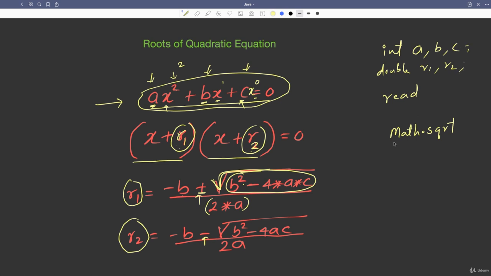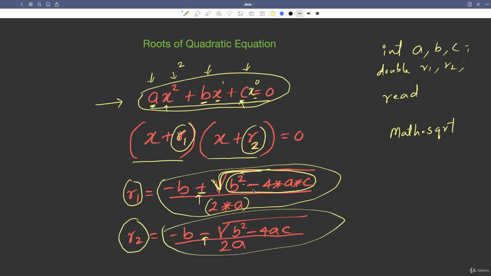Then after that use this formula to find root 1 and this formula for root 2. So you have to write this formula properly. That is the main challenge here. You have to take the help of math.sqrt for calculating the discriminant, and after calculating the discriminant use square root on that discriminant. Then find root 1 and root 2 and display root 1 and root 2.